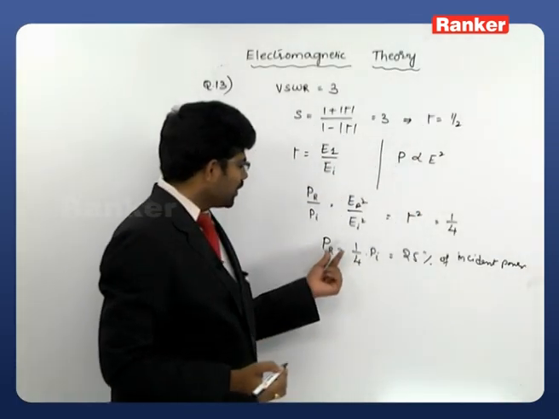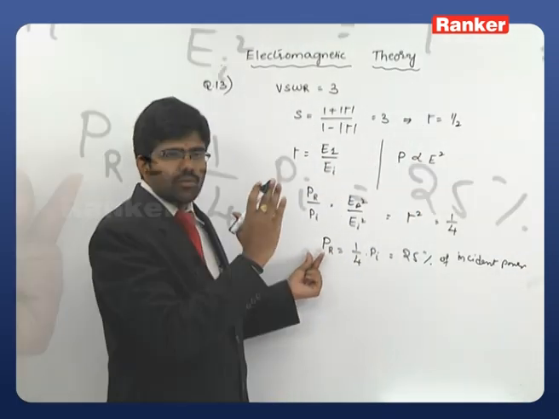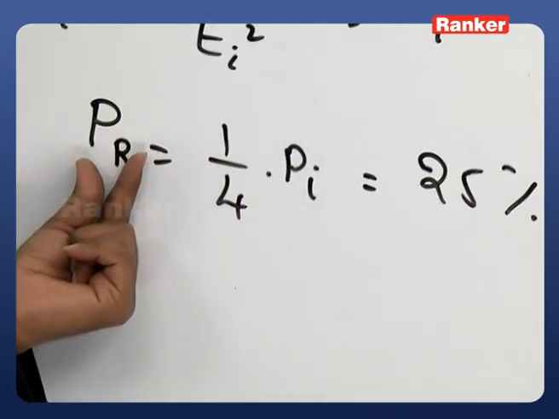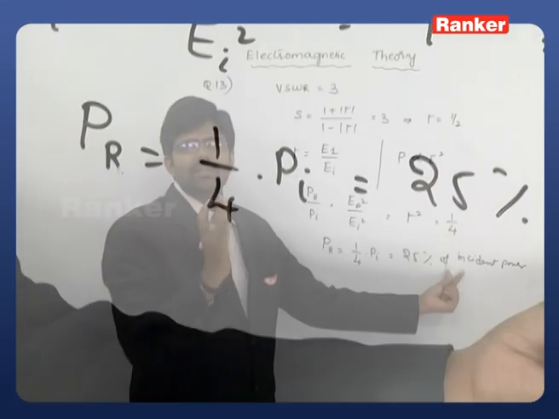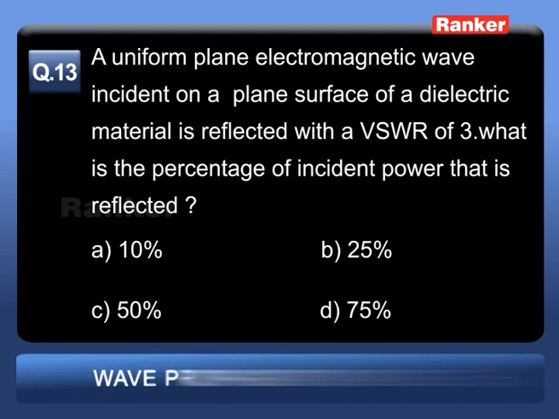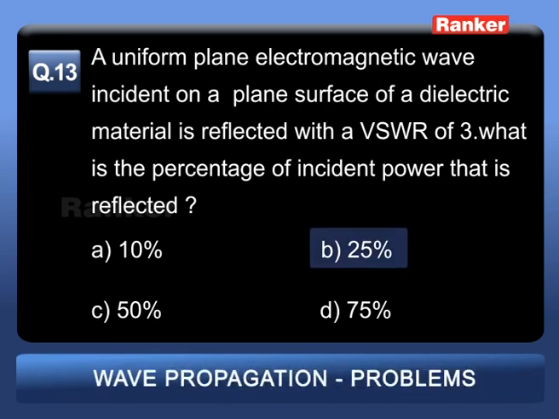So whenever power is incident, the power reflected is 25% of the incident power. So option B is correct. That is, 25% of the incident power will be reflected. This is a simple question: by considering the relation between VSWR and reflection coefficient, we can get this answer.